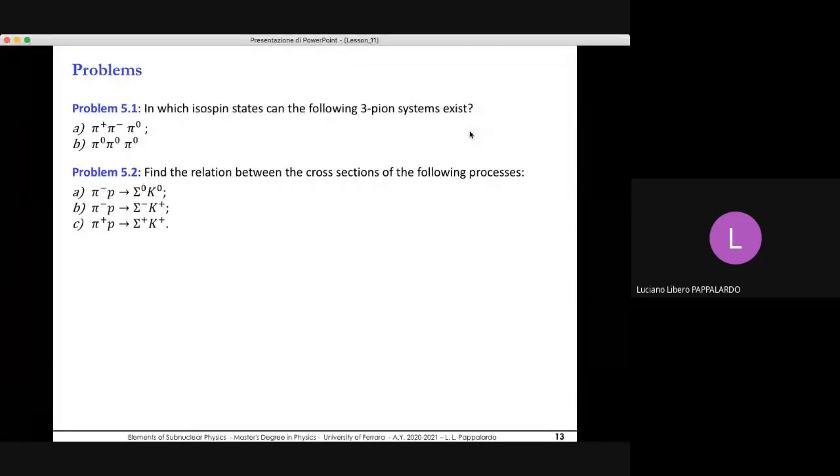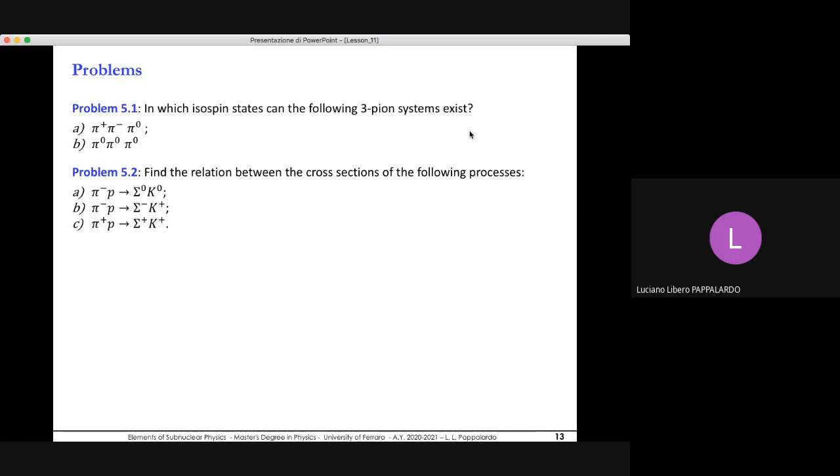Okay, problem 5.2. Find the relation between the cross sections of the following processes. So we have pi minus proton into sigma 0 k0, pi minus proton into sigma minus k plus, and pi plus proton into sigma plus k plus, where the sigmas are among the hyperons, as we have seen.